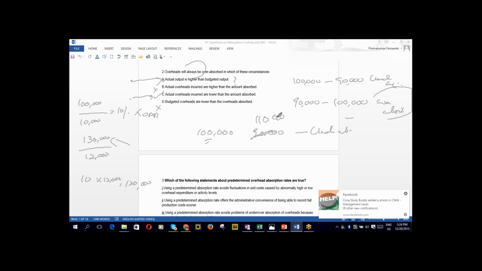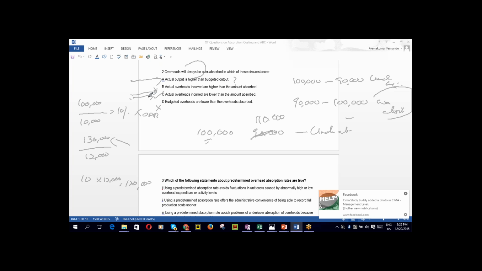Budget is 100,000. Amount absorbed is 110,000. Now that is also an over absorption situation. But that also can happen due to different variations. So this is the only answer where it will happen always. Always this happens in the C scenario.